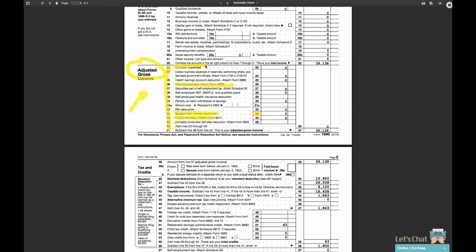Educator expenses, you're a teacher and you spend money out of your pocket for the classroom, right? That goes in there. It's not a credit, it's an adjustment to the income. It reduces your income. The less income you report, the less taxes you pay. This is not meant for you to get a bigger refund, right?